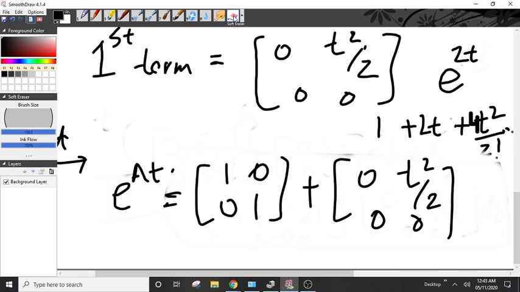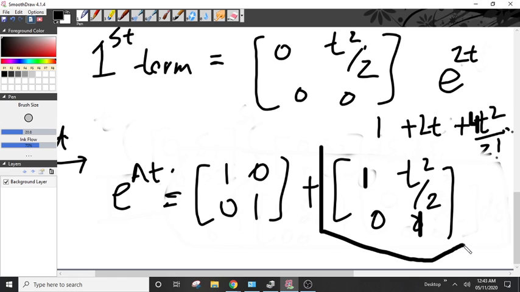Let me write the final answer here, because I don't have that much space. If we add this with 0, we'll get 1. If I add this with this, we'll get t square by 2. If I add this with this, we'll get 0. If I add this with this, we get 1. So this is my final transition matrix.